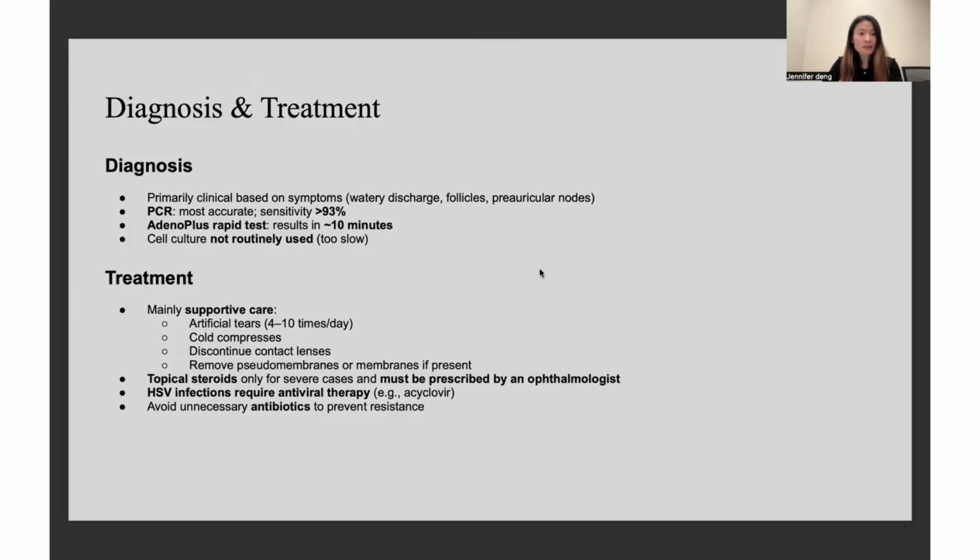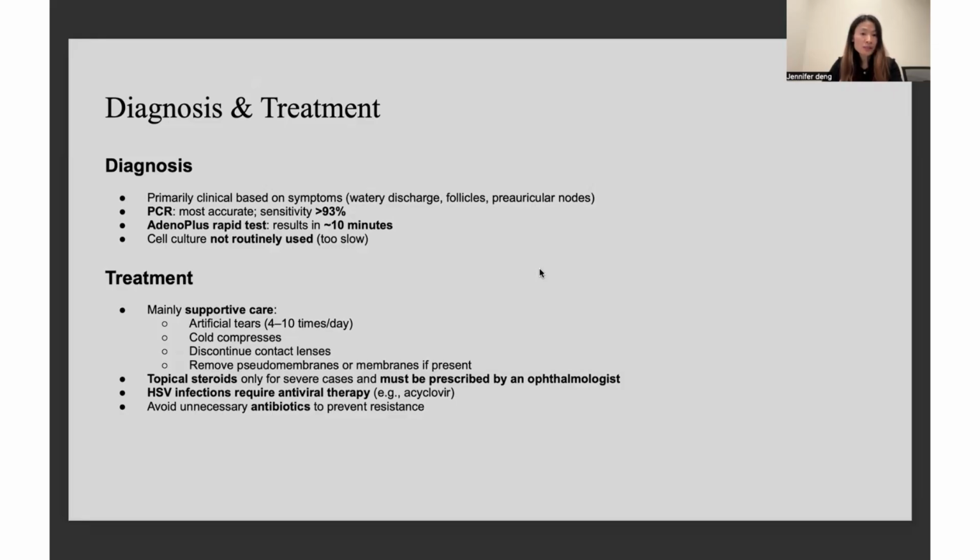Treatment is mainly supportive. Patients are advised to use artificial tears, apply cold compresses, and stop wearing contact lenses. Pseudomembranes should be removed if present.